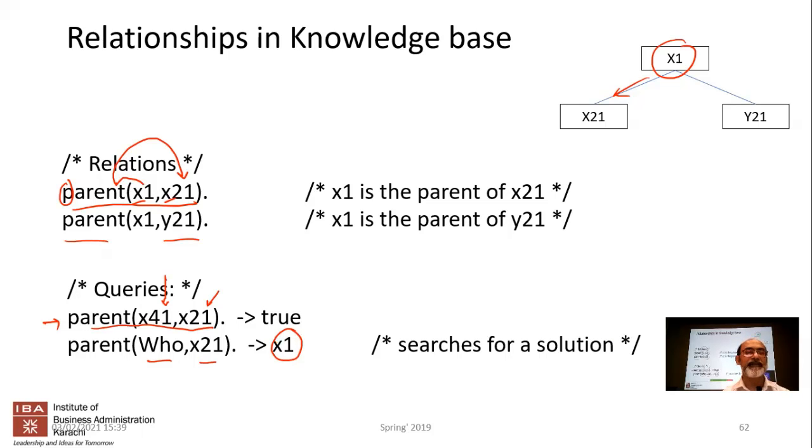Is that making sense? Why? Because WHO was a variable, so it tried to find all the matches where x21 was a child of this. It's basically saying who is the parent of x21. So you can see how parent WHO x21 answers the question who is the parent of x21.